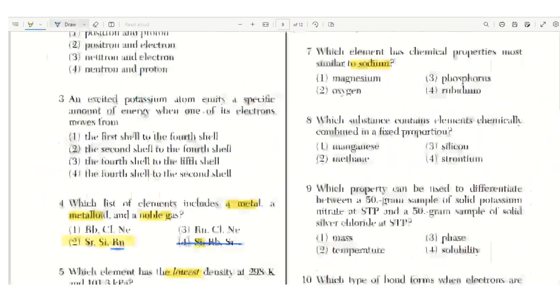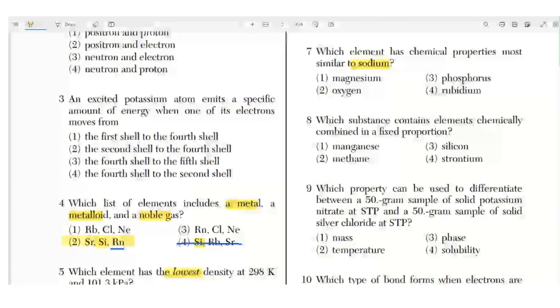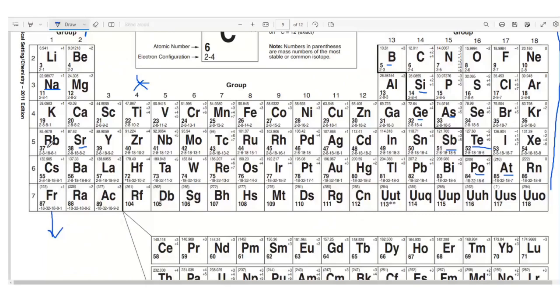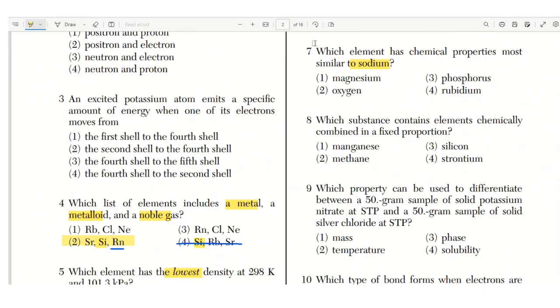So which one of these elements is in the same group as sodium? Right here, rubidium. Not oxygen. Highlighted badly. Rubidium. I will just underline this. There we go. This one didn't want to go.